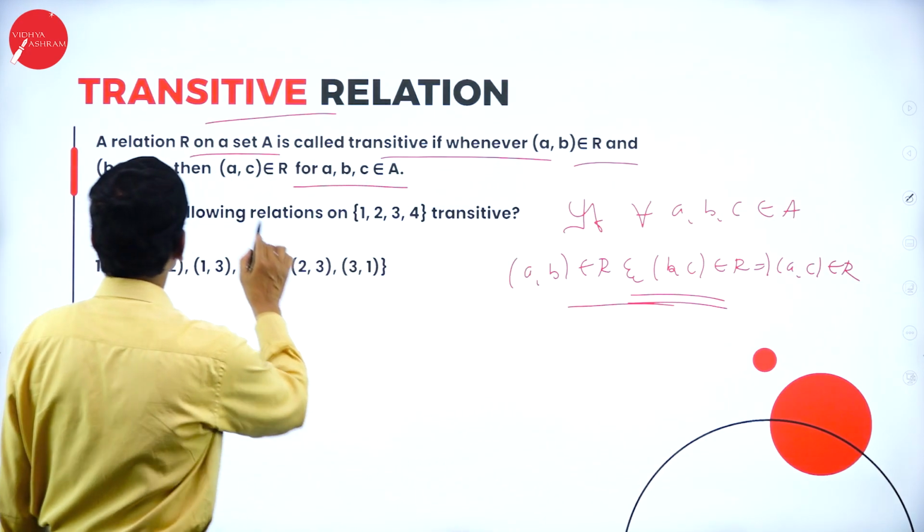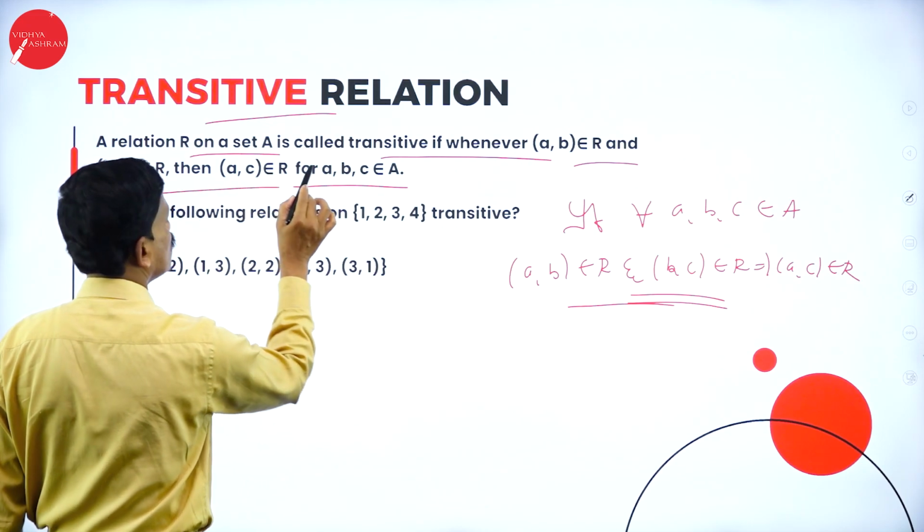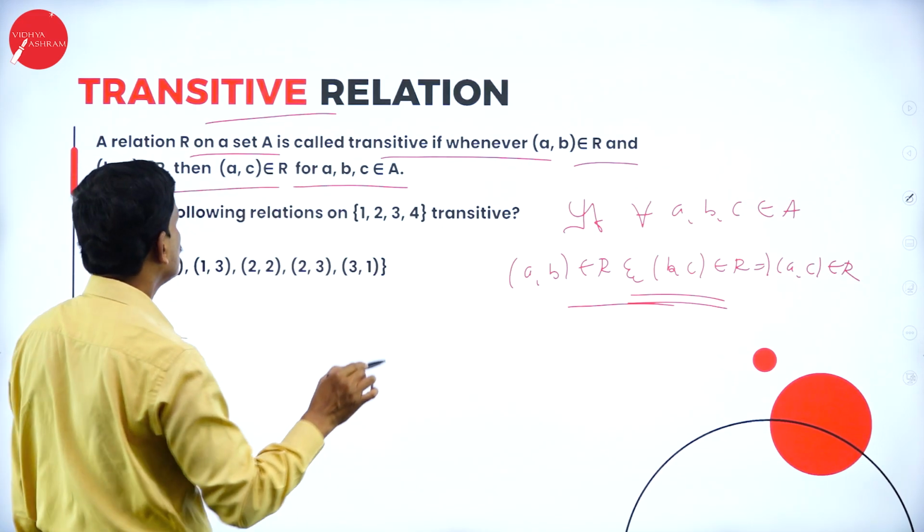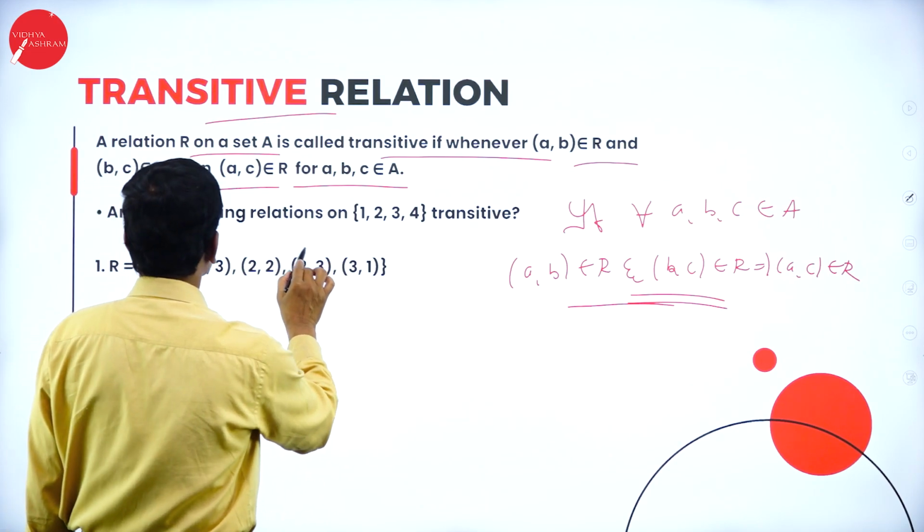That is, if (a, b) belongs to R and (b, c) belongs to R implies (a, c) also belongs to R.